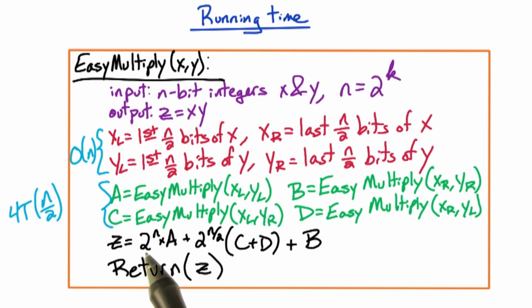In order to multiply by 2 to the n, we just have to shift this number n times. Similarly, to multiply this number c plus d times 2 to the n over 2, we have to shift it n over 2 times. So it just takes order n time to do this multiplication by a power of 2. So to compute z, it takes us order n time. So the total time is order n plus 4 times t of n over 2.